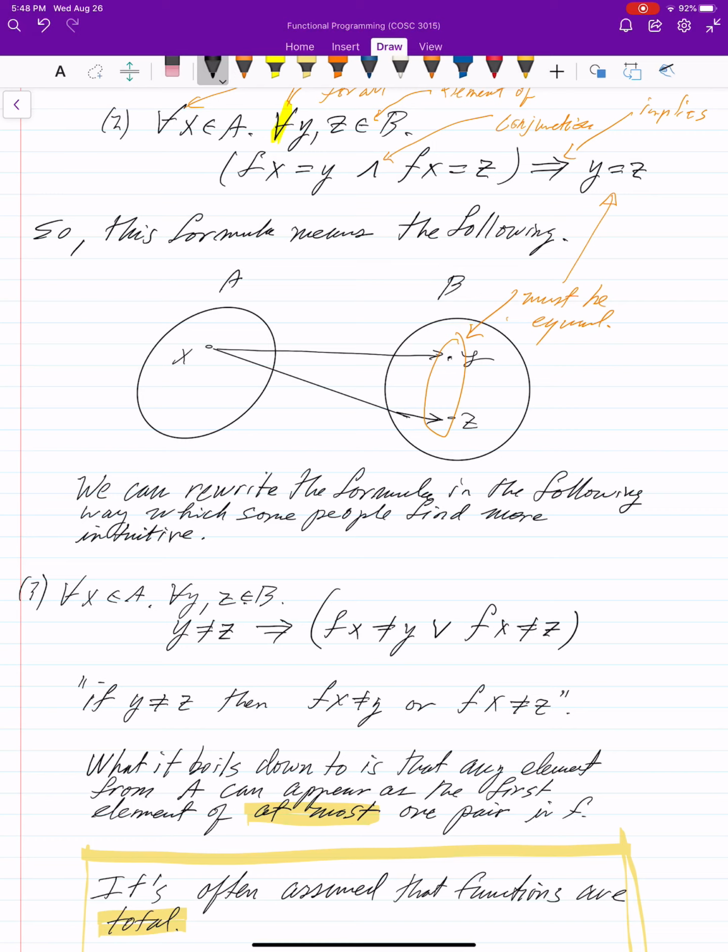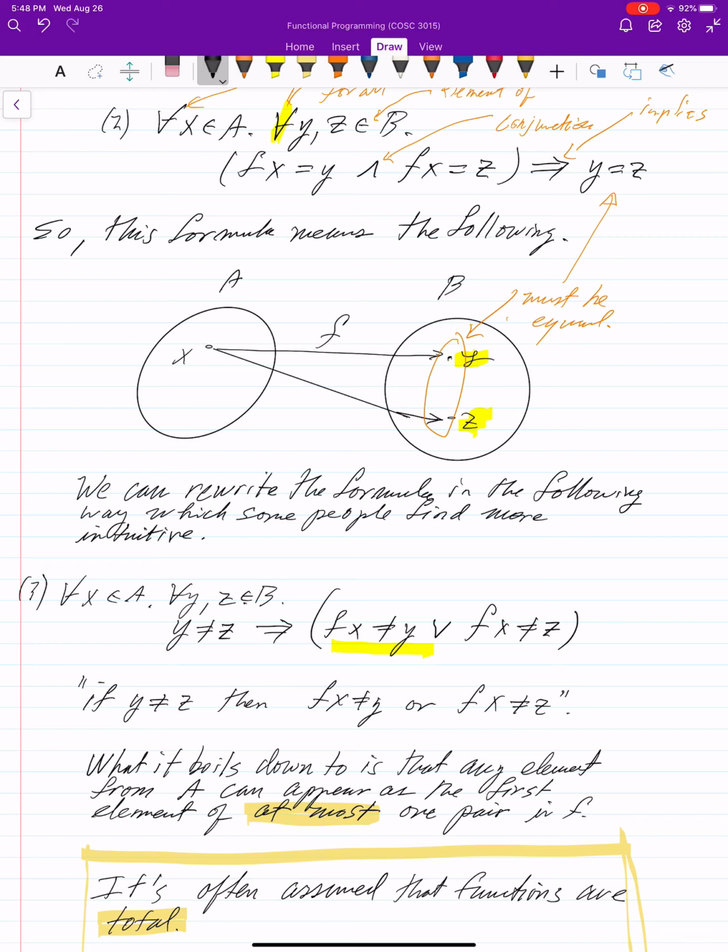It says, look, for every x in A, and for every y and z in B, if y and z are not equal, so we're looking up here, if y and z are not the same point, then f of x, so I'm mapping across here with f, f of x is not equal to y, or f of x is not equal to z.